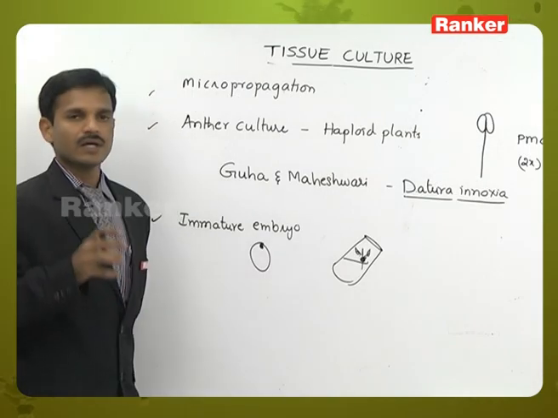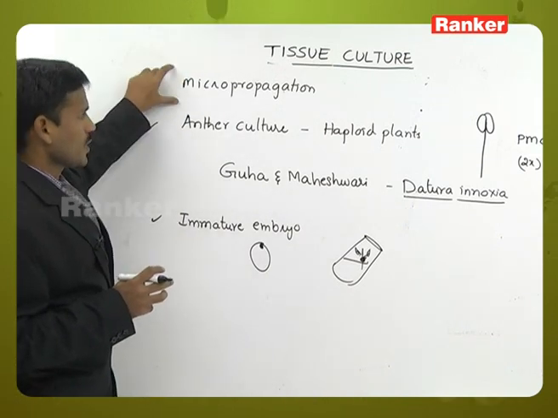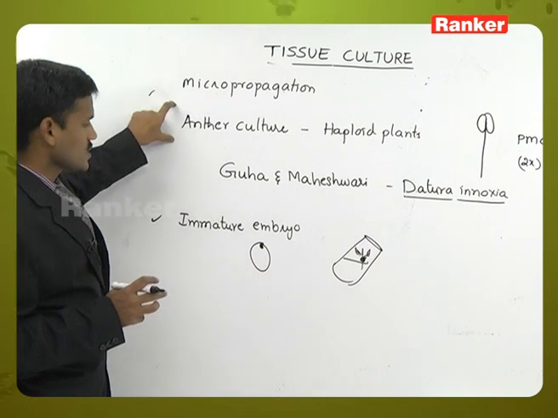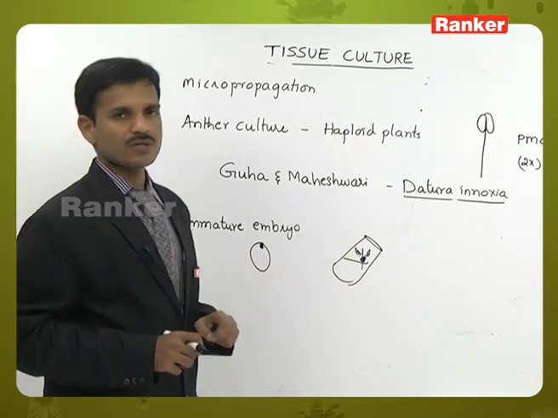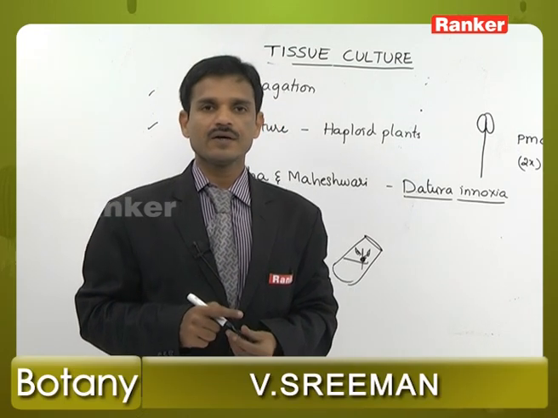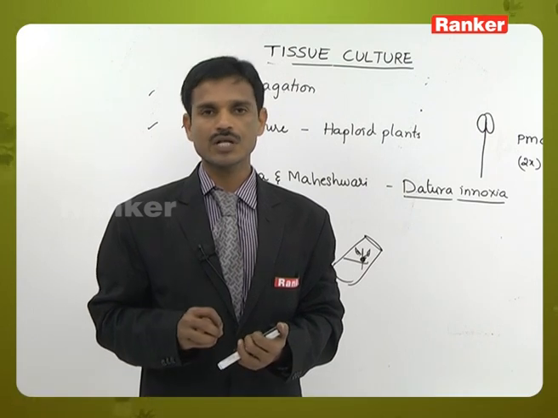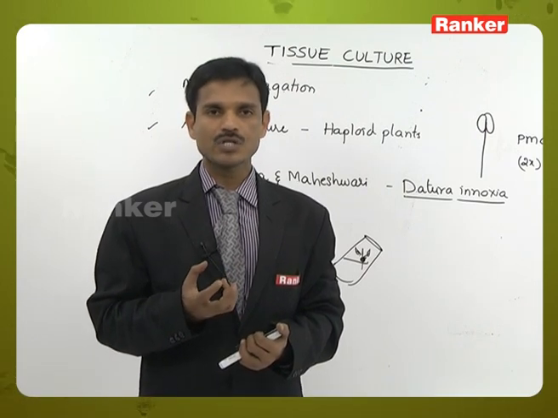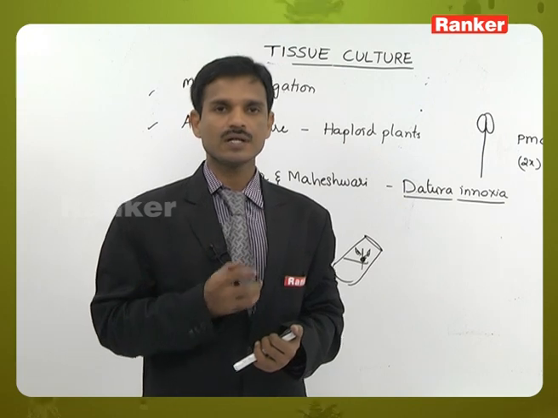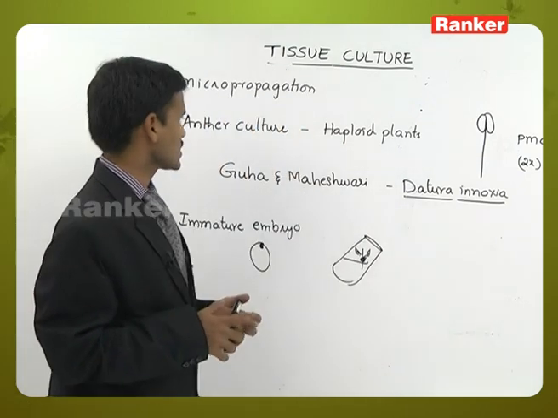So these are some uses: micropropagation, anther culture and immature embryo culture. By using tissue culture techniques we can produce plants in large quantity. Commercially important plants are cultured in large quantities within a short period and a limited space.